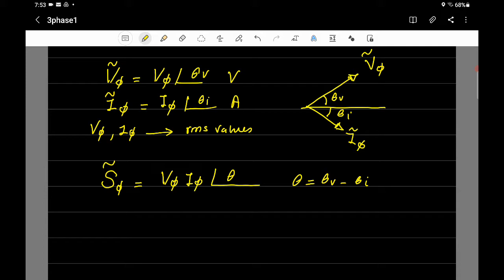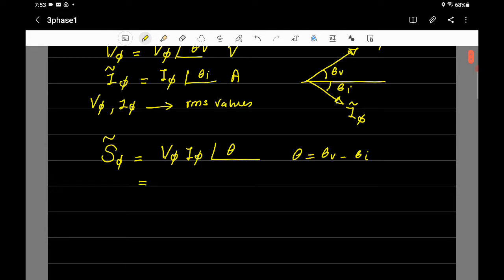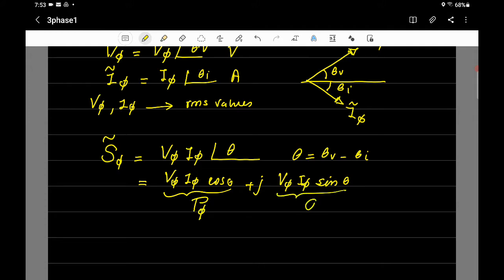And always we're going to use this notation in the common discussion. If you express this equation in rectangular form, you have V phi times I phi cosine theta plus j V phi I phi sine theta. This will be the active power of one single phase, and that will be the reactive power of one single phase.